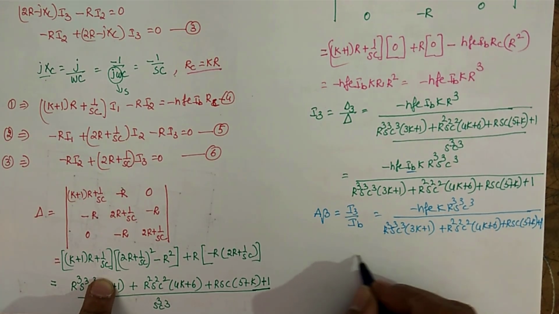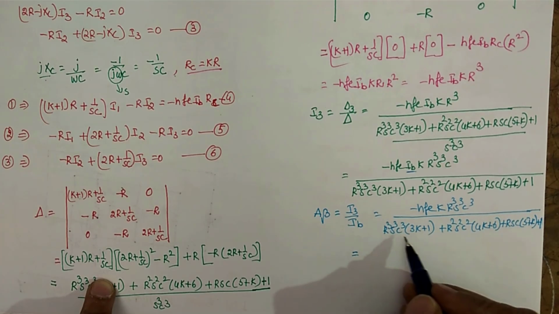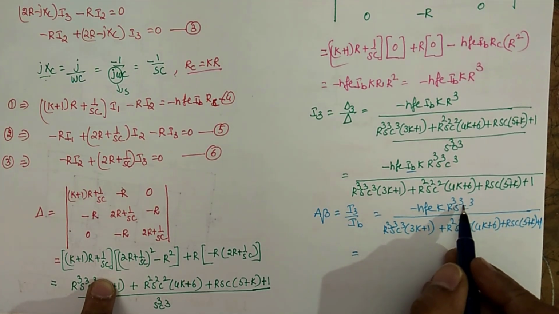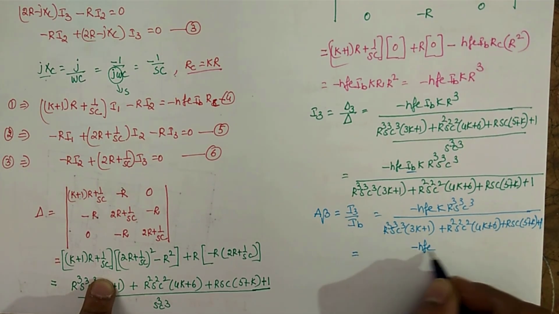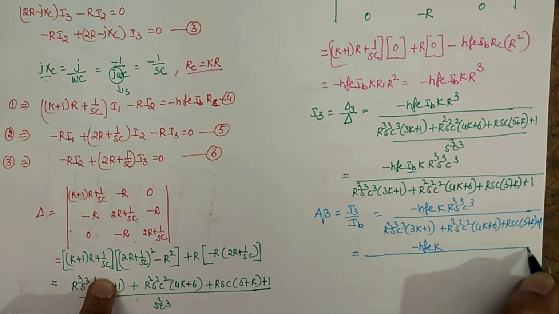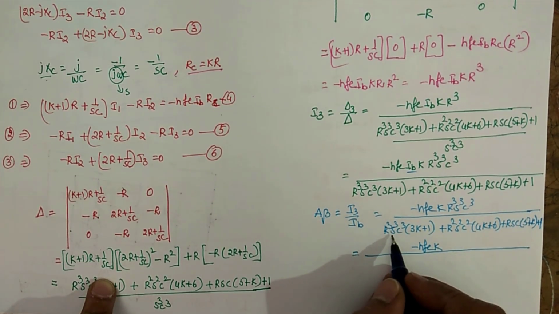Okay, fine. Now just divide the numerator and denominator with R cube S cube C cube. So we'll get minus HFE into K, minus K HFE divided by the term R cube S cube C cube.